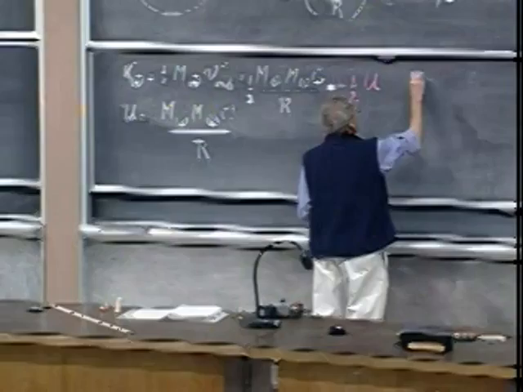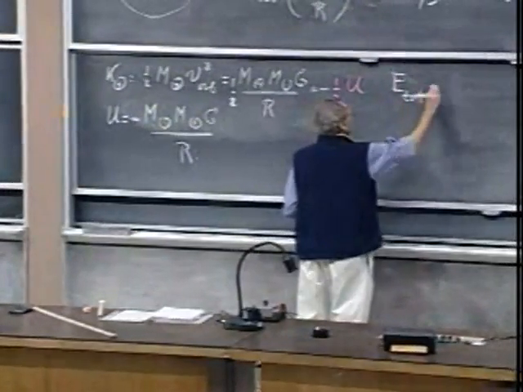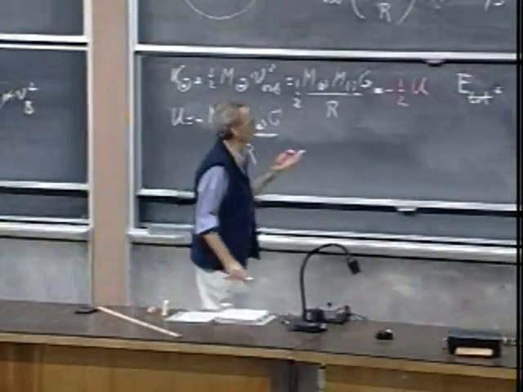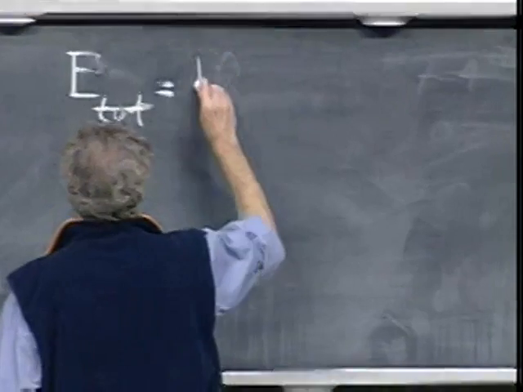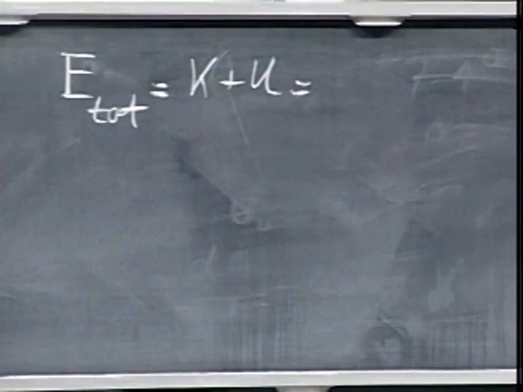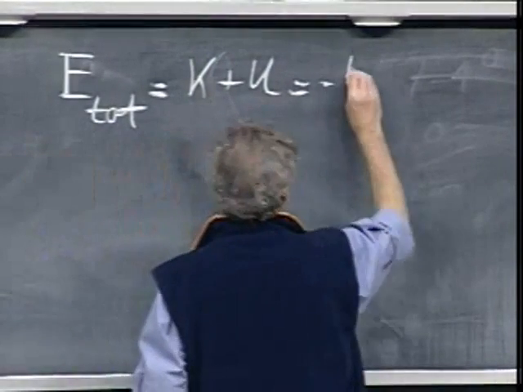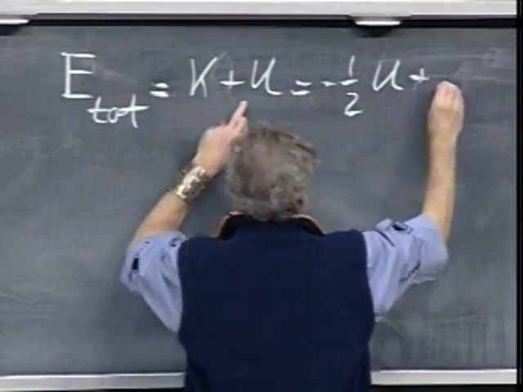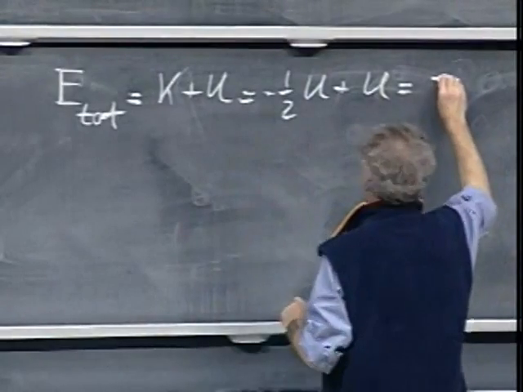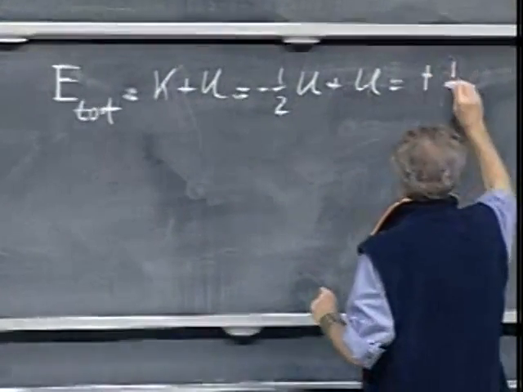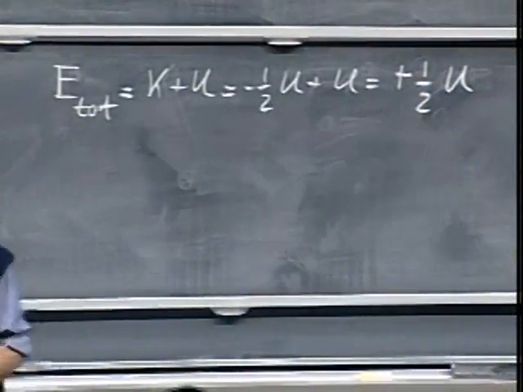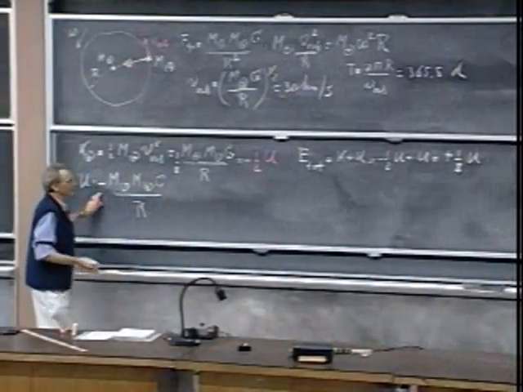What is the total energy of the Earth around the sun? That means the sum of potential energy and kinetic energy. Well, the kinetic energy is minus 1/2 U, and the potential energy is U, and so this is plus 1/2 U. That means it's negative, because U itself is negative.